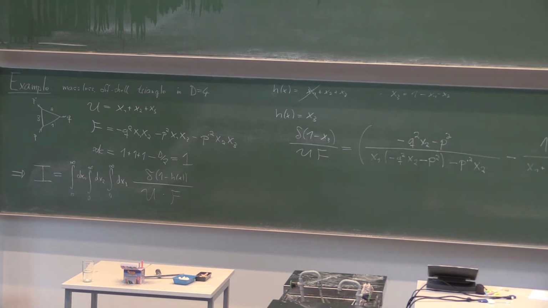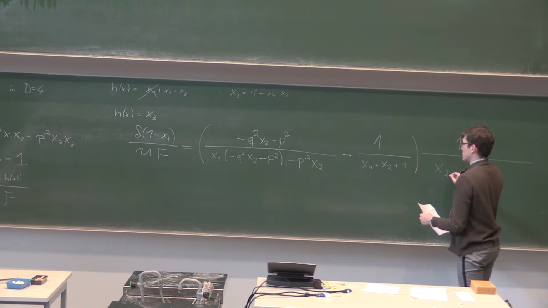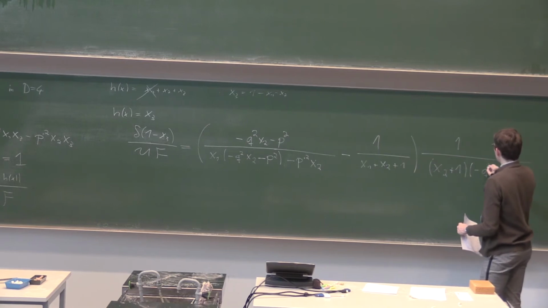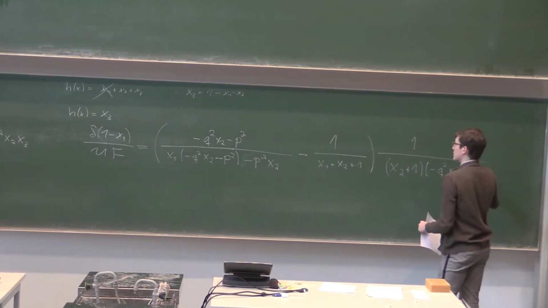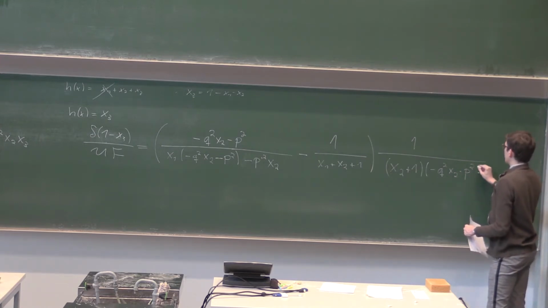So what happens when you bring these things on a common denominator? Well, in the numerator, the terms proportional to x1 cancel, right? This is exactly why I chose to write it this way. And then we have to divide by the thing that remains in the numerator, which is something like x2 plus 1 times what we have there, prime squared x2.